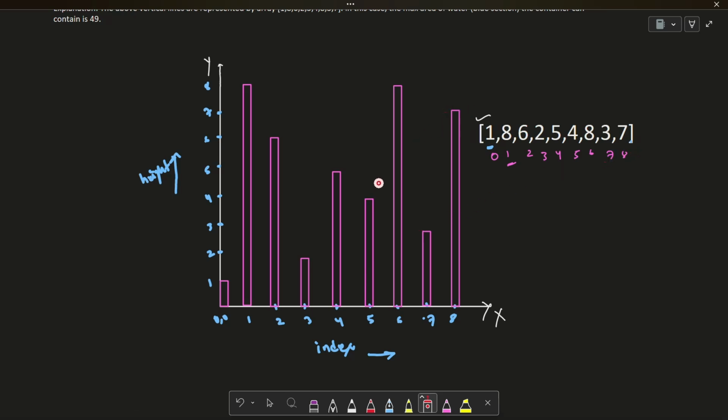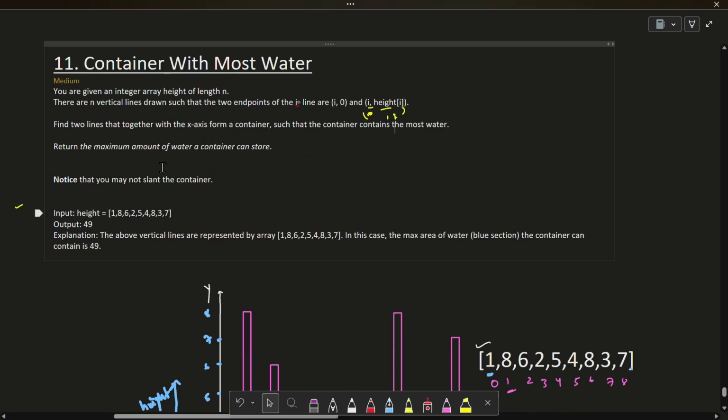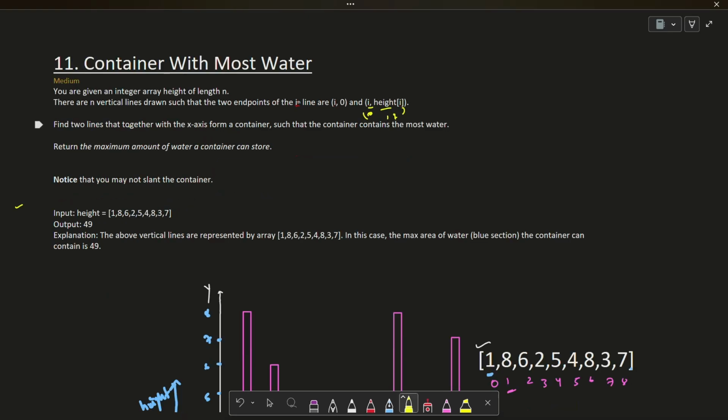Now let's see whether the coordinates satisfy our given question. For the first element, the coordinates are 0 and 1. Here I means the index number and the height is 1, so 0 and 1. Yes, it's satisfying.